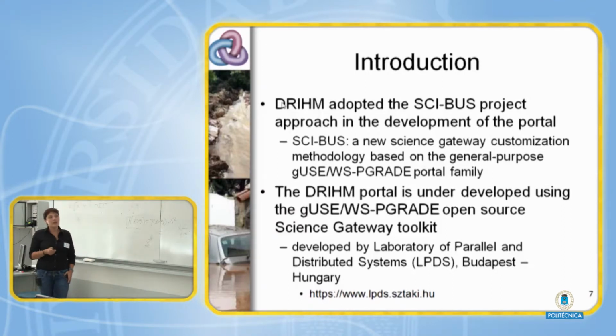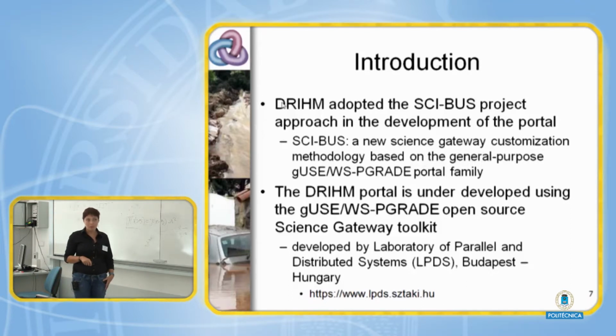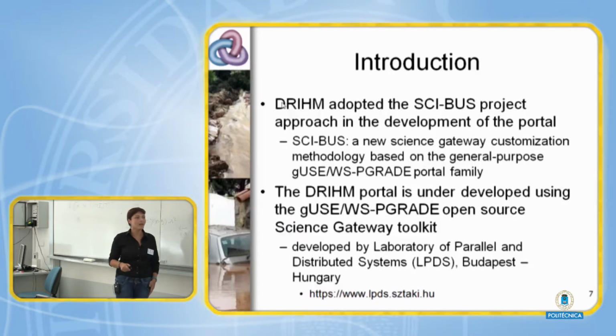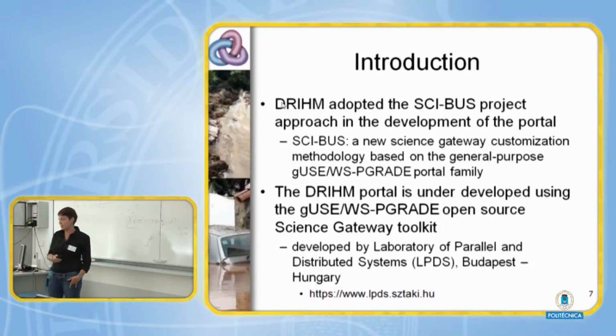So we are using this technology to develop the portal. The technology, gUSE WS-PGRADE, has been developed, and is always under development, at the Laboratory of Parallel and Distributed Systems in Budapest, Hungary. Here there is the link to the group that is working on this.